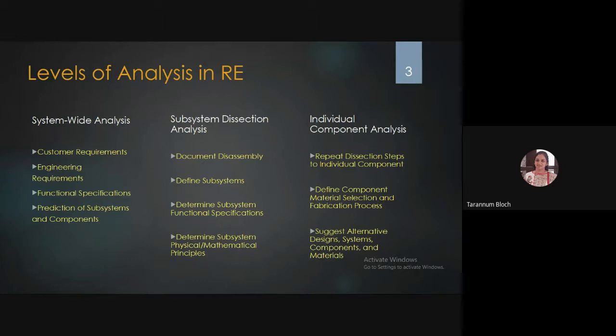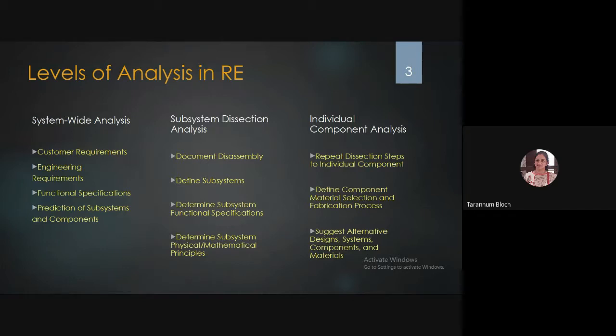So you are going to understand what these components are, what the designs are, how the system is working. And if you feel that there could be something better which can be applied, then that will come under the individual component analysis, and you can suggest an alternative design for the betterment of the existing system. Fine.